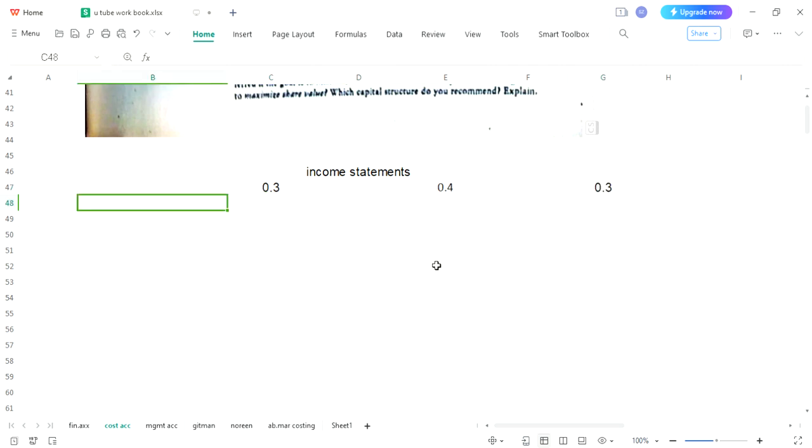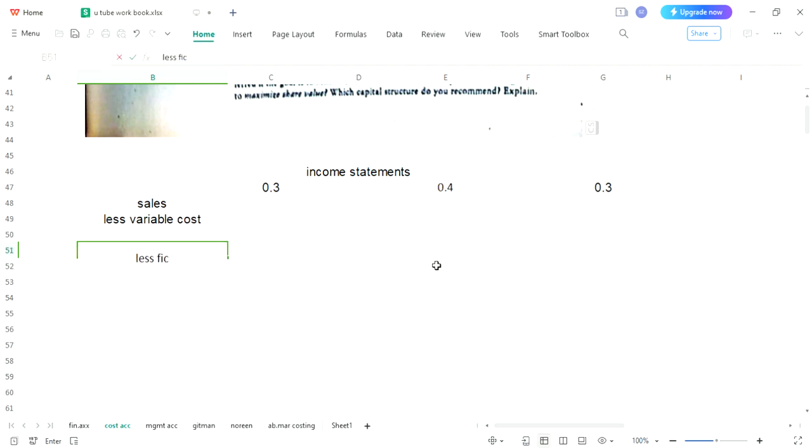How will we start our statement? Since EBIT needs to be calculated, we will start with sales. Then we will subtract variable cost, after which we will subtract fixed cost.